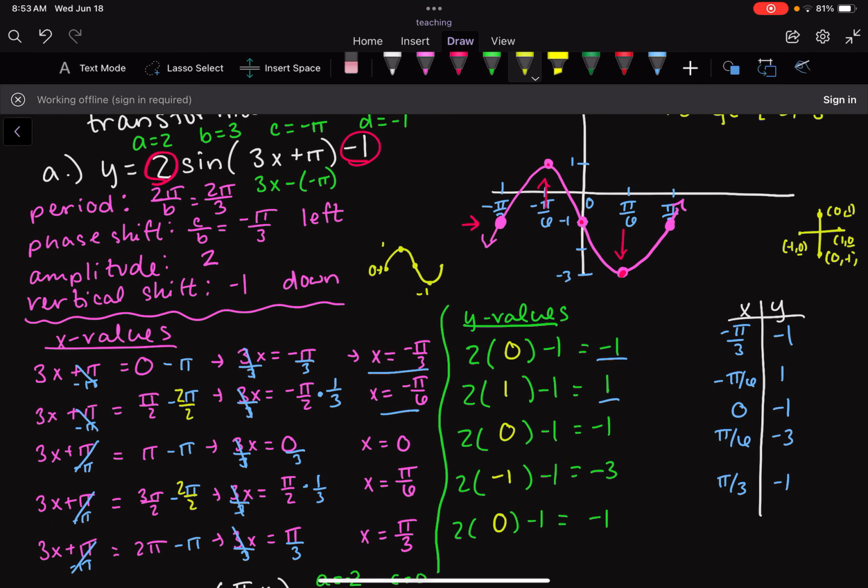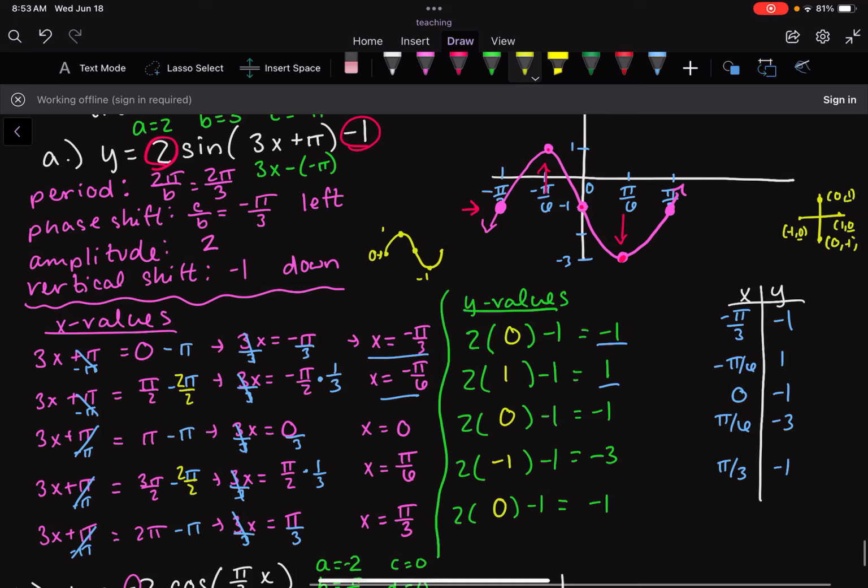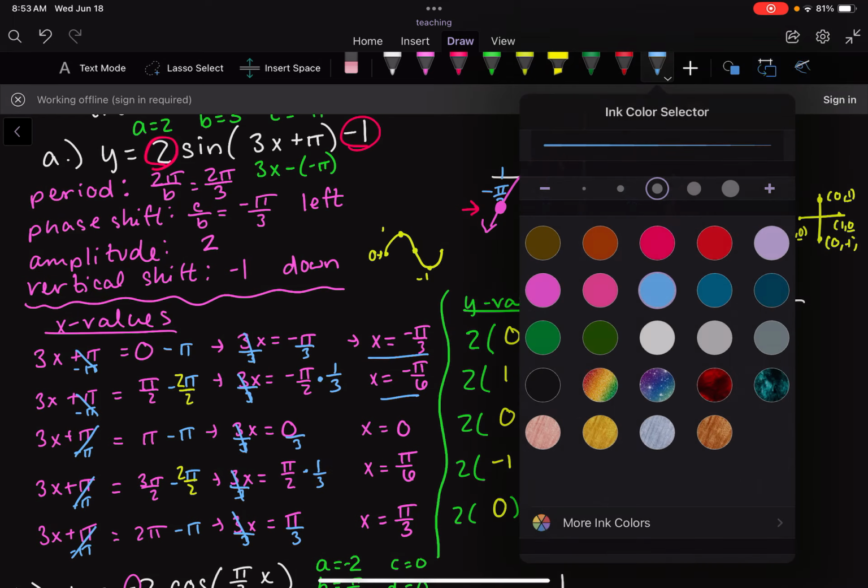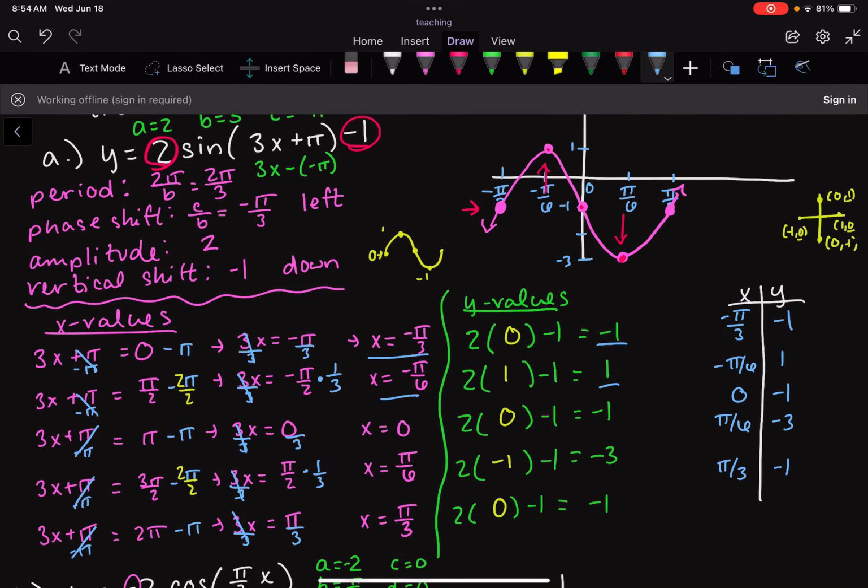Another thing I want to point out about the period, I believe I talked about this in 2.1. Your period is where one cycle appears, so it's referring to the x values. So if you were to take your last x value minus your first x value, you should get your period. So that's one way to check yourself.